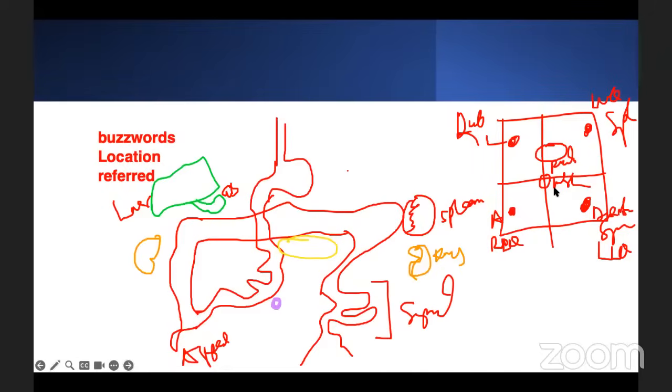That's where the pancreas is located. So pay attention to where the location of each problem is, and you will be able to answer any questions on the pathology. So that's the first thing.